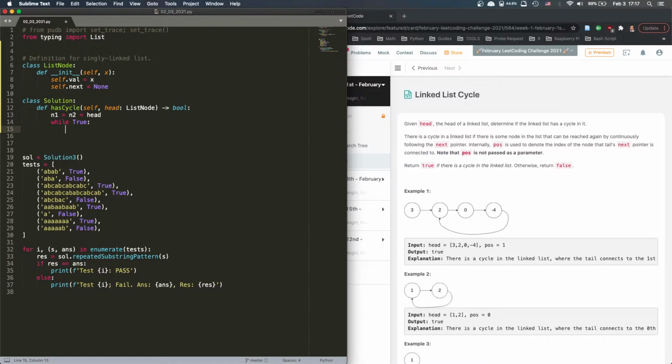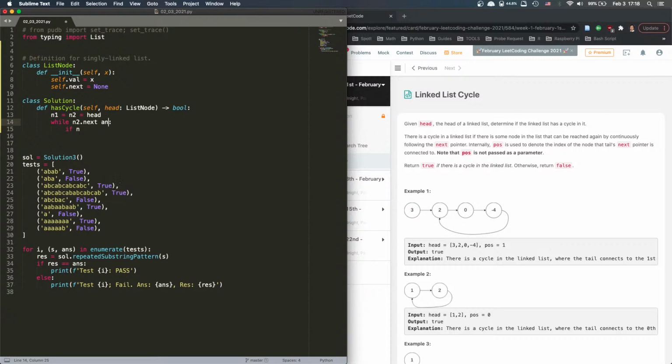I just have to check n2.next. If we hit, n2 will hit first, right? So we can just say while n2.next is good, then we can always go like that.